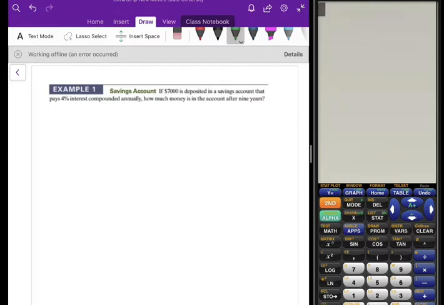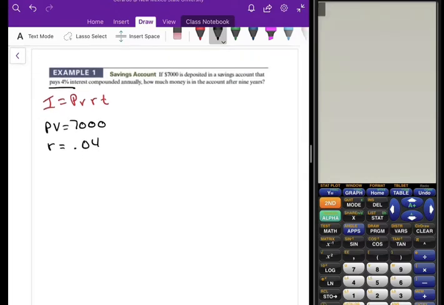So let's try to do this one. It says example 1. If $7,000 is deposited in a savings account that pays 0.04, because it says that it has 4% interest compounded annually, how much money is in the account after 9 years? So remember that the formula is interest equals present value times rate times time. Present value on this one is 7,000.